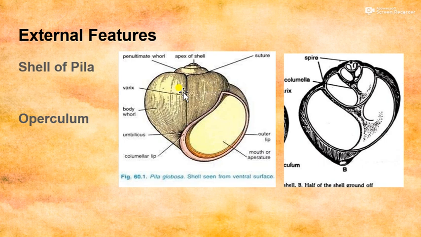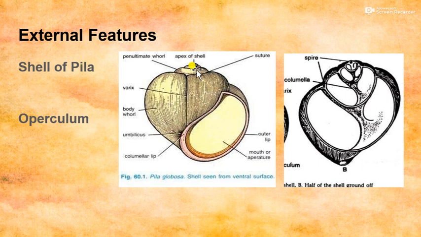The shell of Pila globosa, as in other gastropods, is a univalve but coiled around a central axis, in a right-handed spiral. The top of the shell is the apex, which is formed first, and growth of the shell takes place from it. The apex contains the smallest and the oldest whorls.